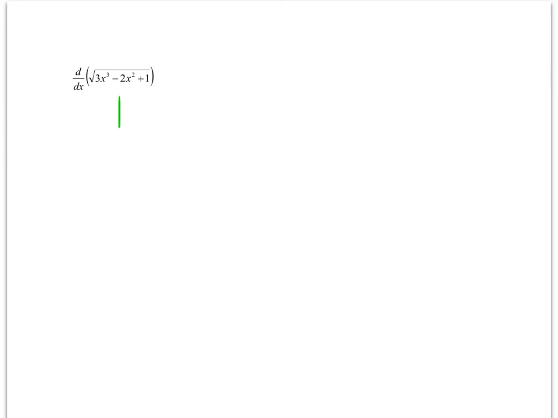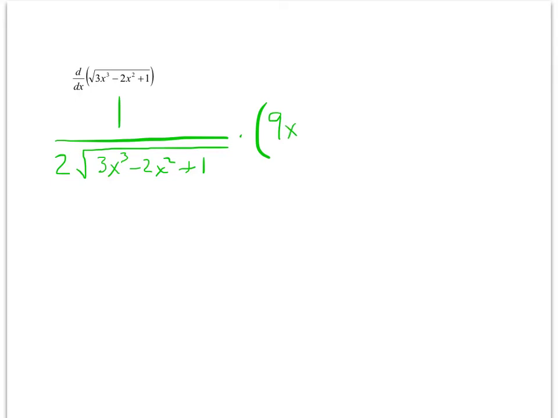So I know that this is going to be 1 over 2 square root of 3x cubed minus 2x squared plus 1, times the derivative of what's on the inside. The derivative of the inside is 9x squared minus 4x.